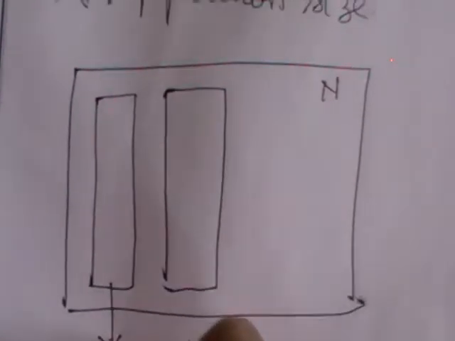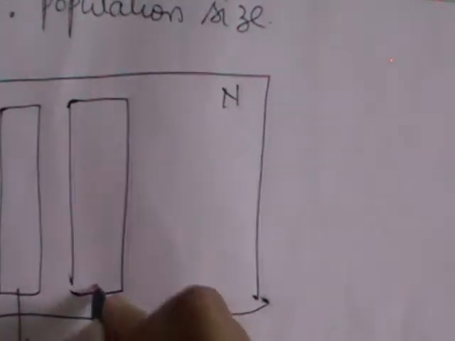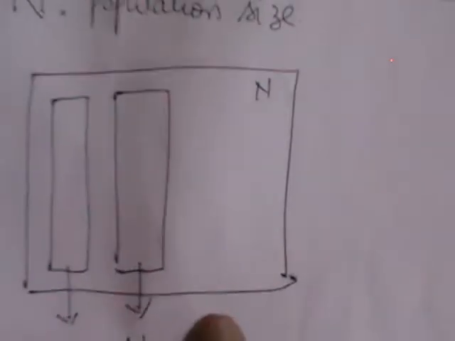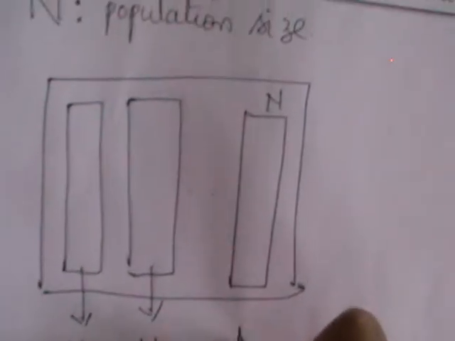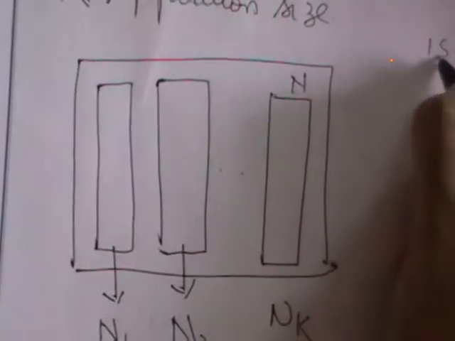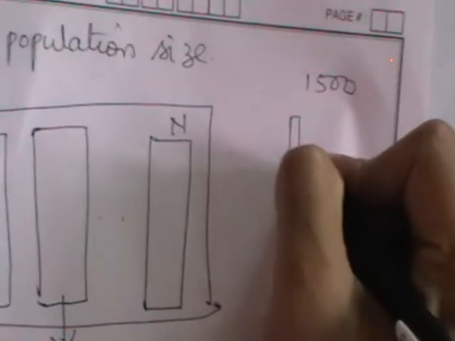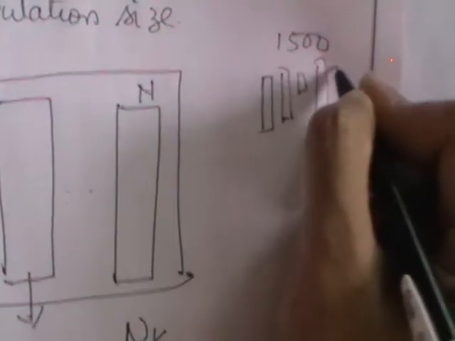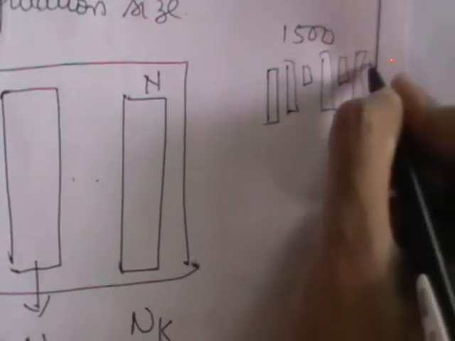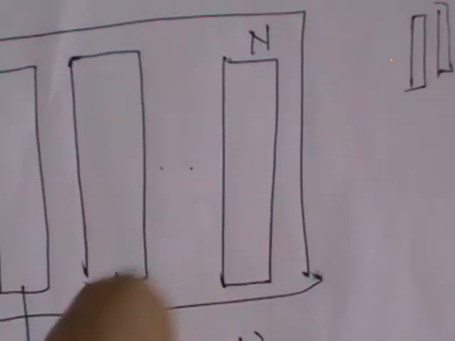This is the first stratum of size N1, another group of size N2, and I have divided in such a way into K groups. Say, out of 1500 students, I have divided them into statistics, physics, electronics, BCom, CA, microbiology, biotechnology. It means I have divided the entire population into homogeneous blocks which are called strata. So this is called stratification.